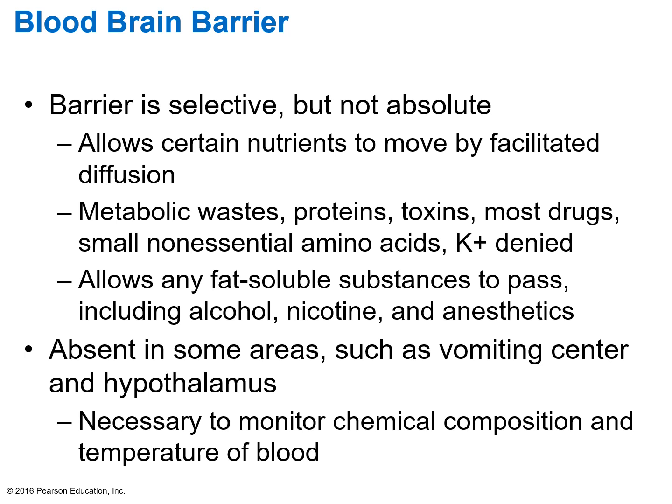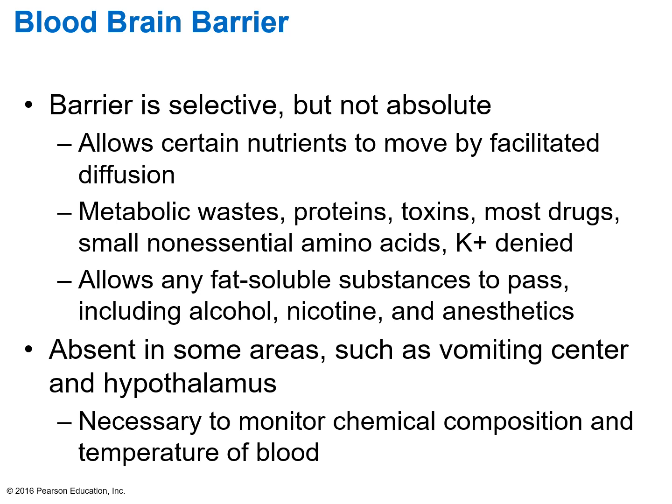So that's why we feel differently when you drink alcohol, or that's why anesthetics work, and that's also why people like nicotine. It's absent in some areas, such as the vomiting center, or the area postrema is the word for that, area postrema, P-O-S-T-R-E-M-A. So the vomiting center and hypothalamus.